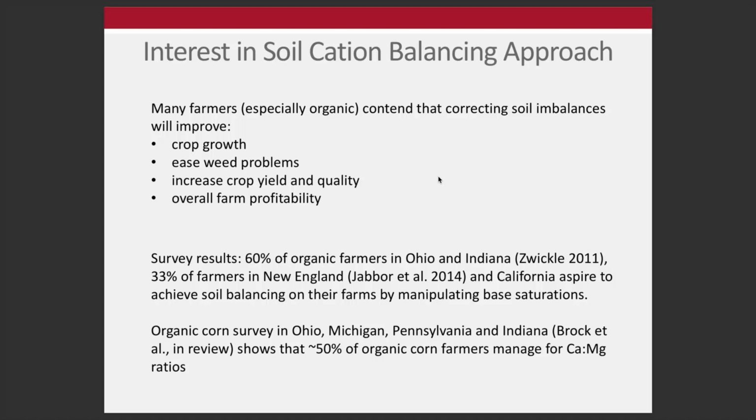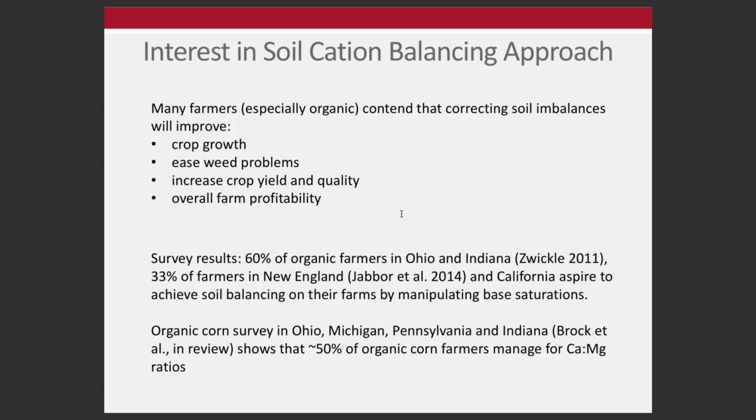And so it's not uncommon to find a fair number of organic farmers that subscribe to and manage soils based on calcium and magnesium ratios. Okay, earlier work has shown that maybe 60% of organic farmers in Ohio and Indiana thought about it and actively managed for it. It's true in New England and California as well.